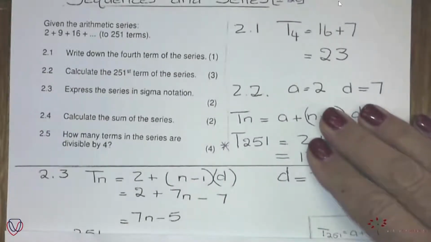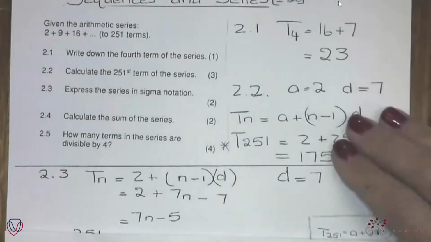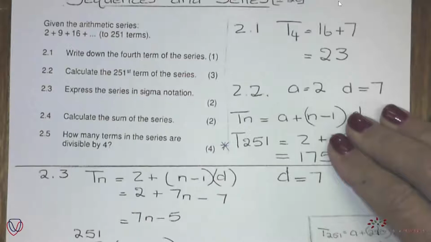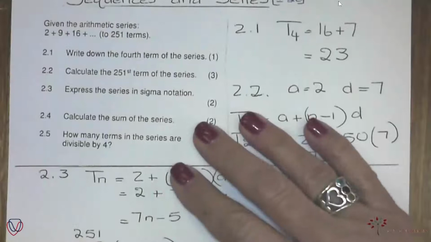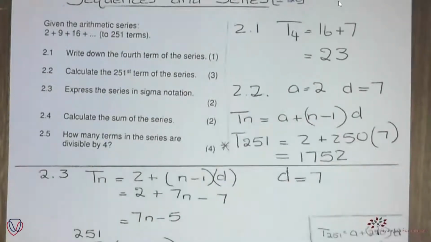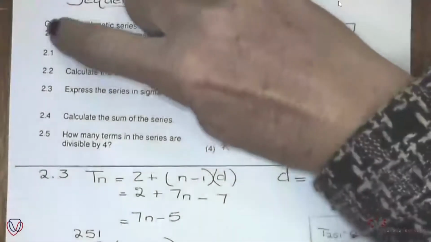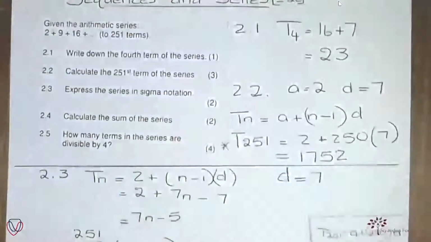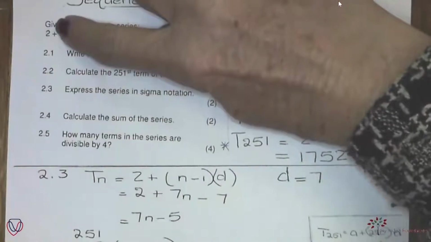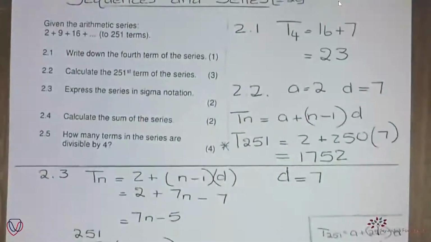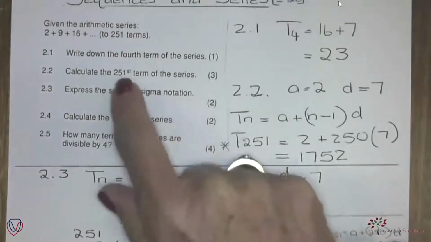They said express the series in sigma notation. Right, so let's have a look. What did I do? This term, we started with n is 1. Let's have a look whether that is true. If n is 1, 7 times 1 is 7 minus 5, it gives you 2. So we started with n is 1, and we went up to 251 terms, because there it is.